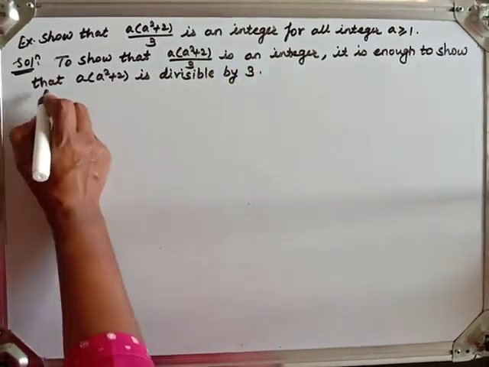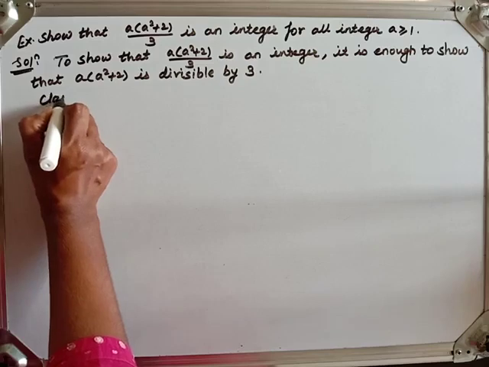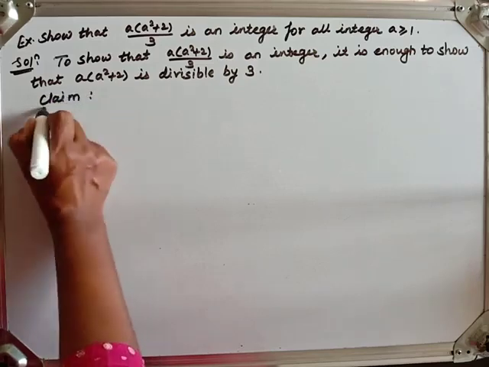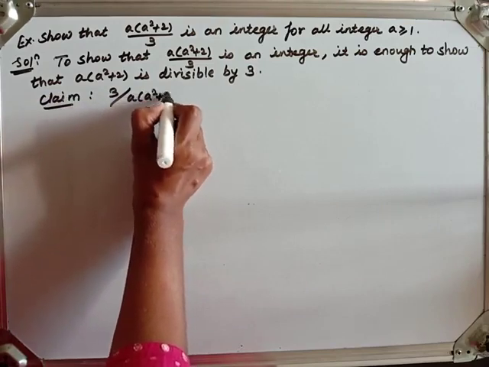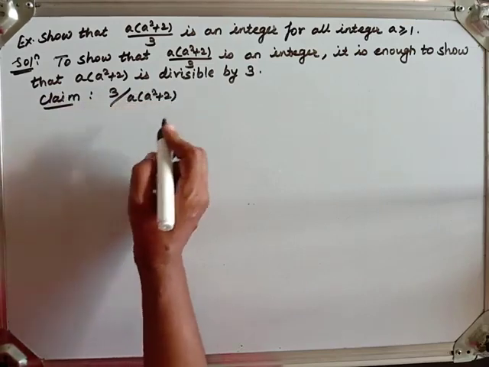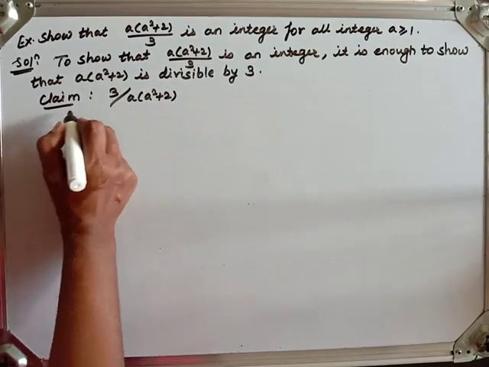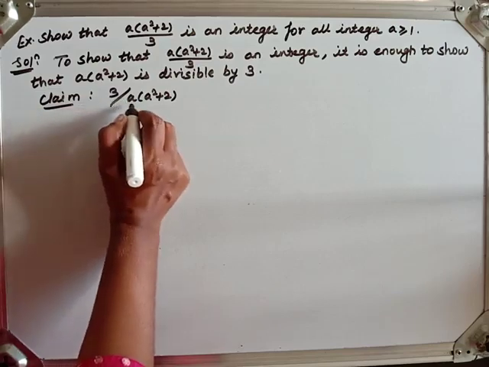So as it is divisible by 3, our claim will be, divisible by 3 means what? 3 divides a into a square plus 2 in another language. Fine.